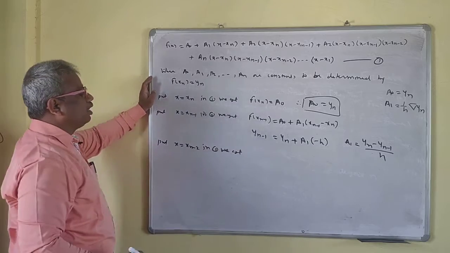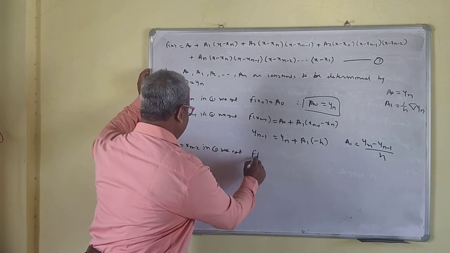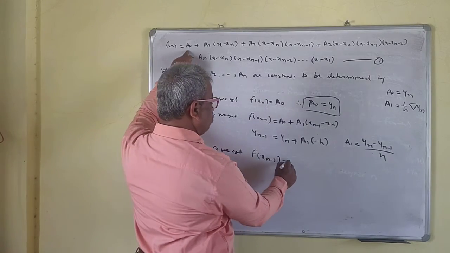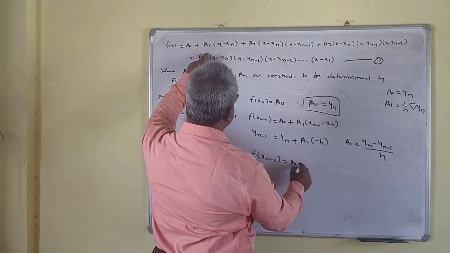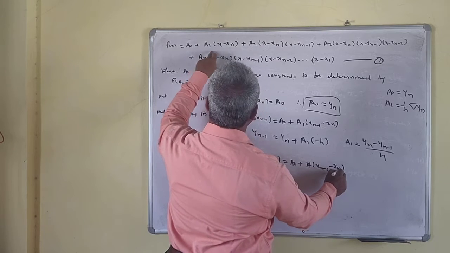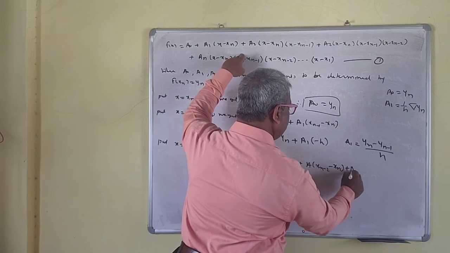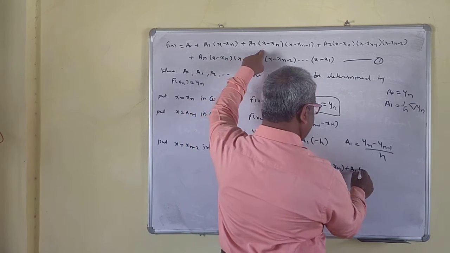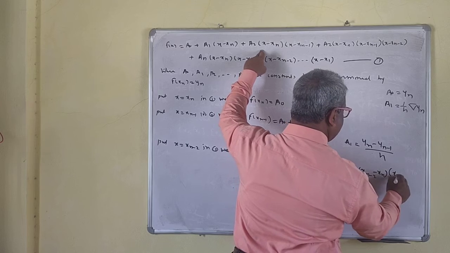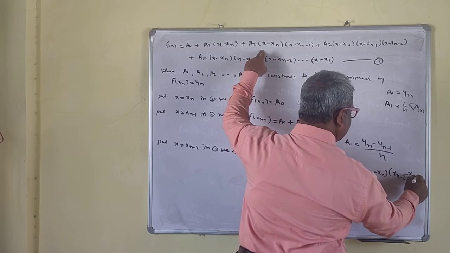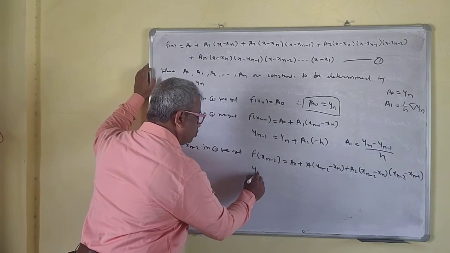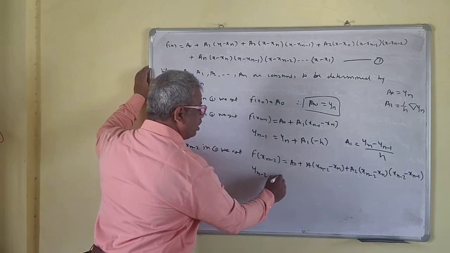We get now f of xn minus 2 is equal to, we'll put here, a naught plus a1 (xn minus 2 minus xn) plus a2 (xn minus 2 minus xn)(xn minus 2 minus xn minus 1). Okay, so now we'll put yn minus 2. Your a naught is yn.